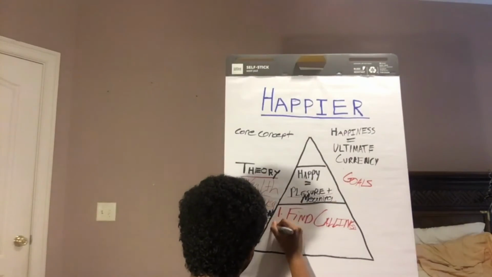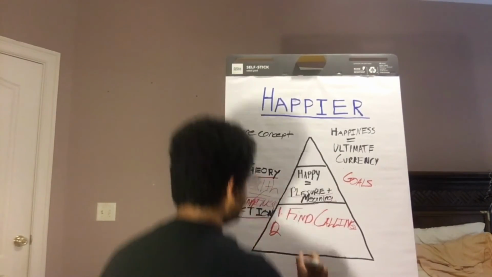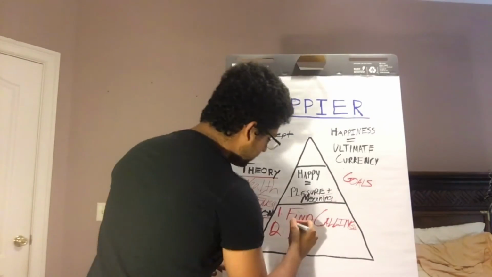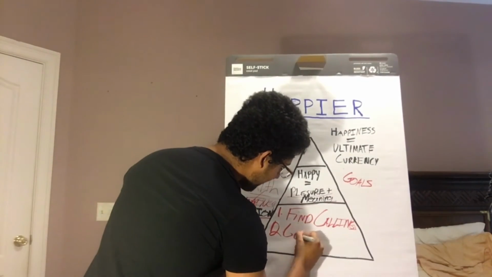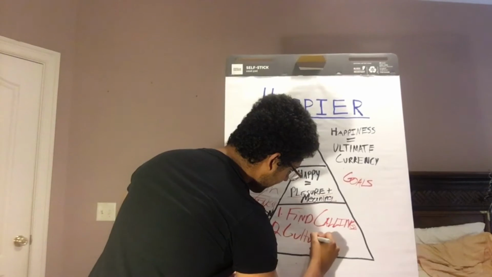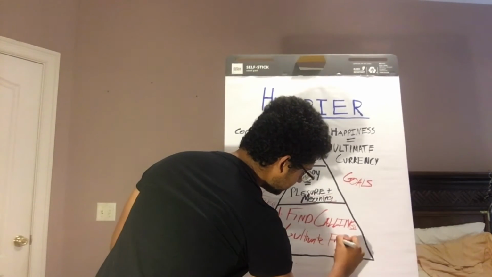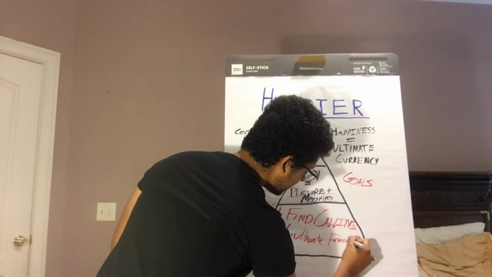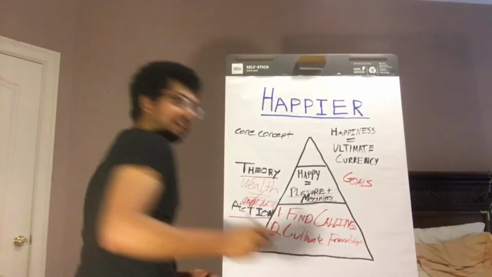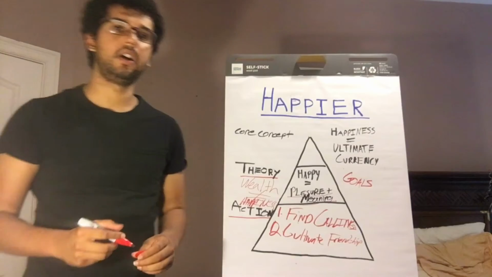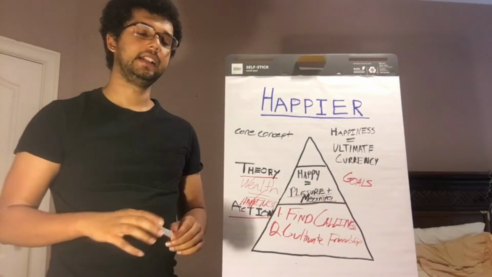The second action step is cultivate friendship. They did a lot of studies on happiness, right?